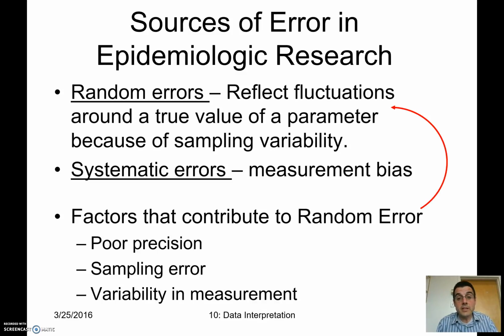Some of those errors are random errors, which reflect fluctuations around a true value or parameter because of sampling variability. There are different factors that contribute to random error. And of even more concern are systematic errors, or measurement bias, and we'll talk about each of these in quite a bit of detail.